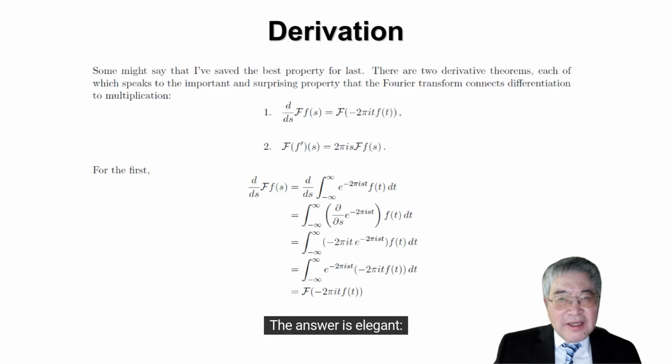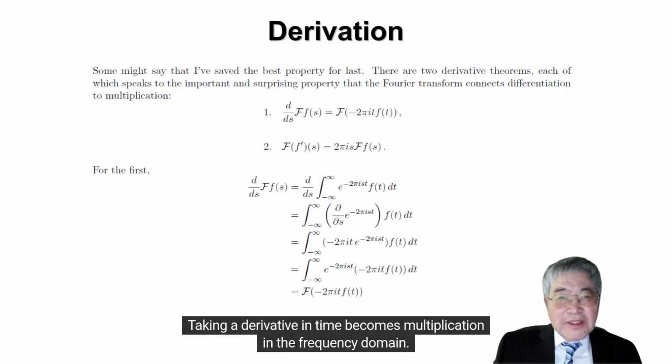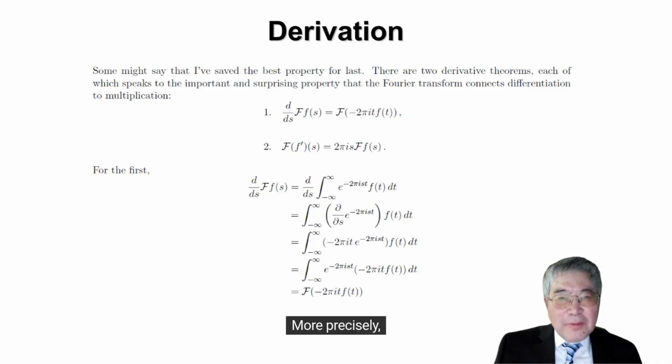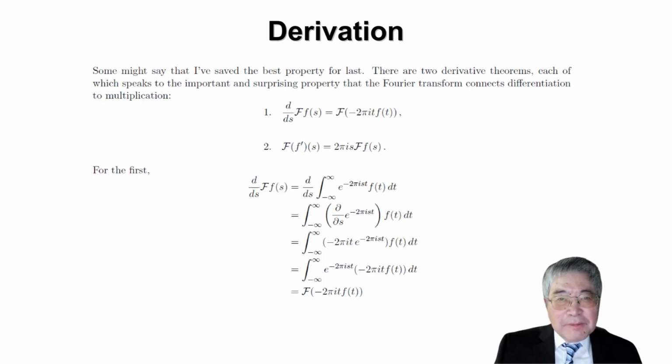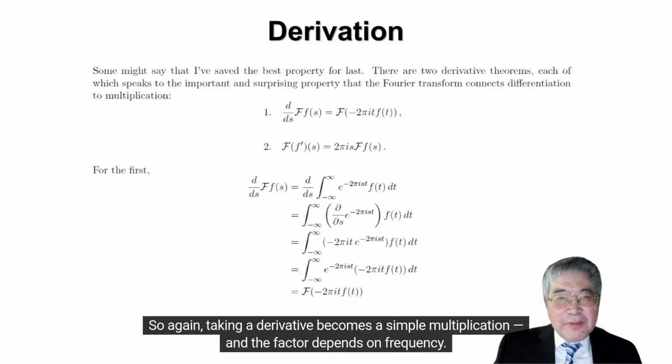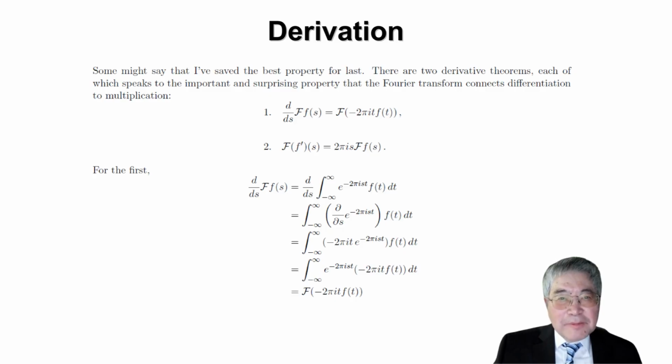The answer is elegant. Taking a derivative in time becomes multiplication in the frequency domain. More precisely, the Fourier transform of f prime of t is just 2πis times the Fourier transform of f. So again, taking a derivative becomes a simple multiplication, and the factor depends on frequency.